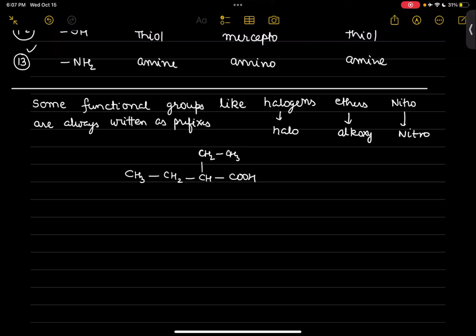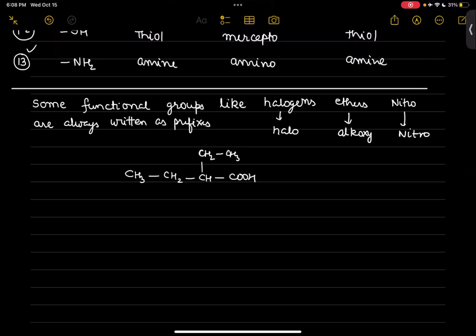Yes, absolutely. This is going from left to top. And which one is the parent chain? The main chain should contain the principal function.